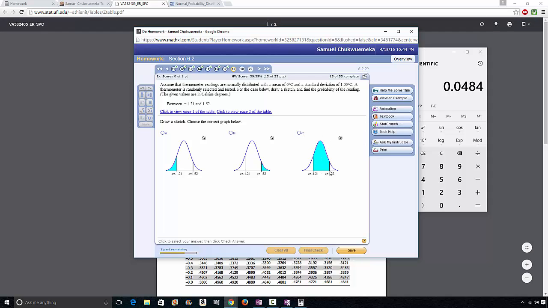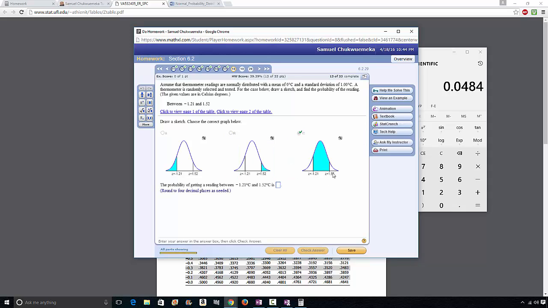But this is the area we need. Okay, so we have to find the area for z-score of 1.52, and also the area for the z-score of negative 1.21. Okay, and then we subtract.